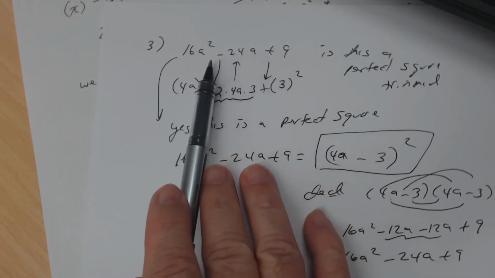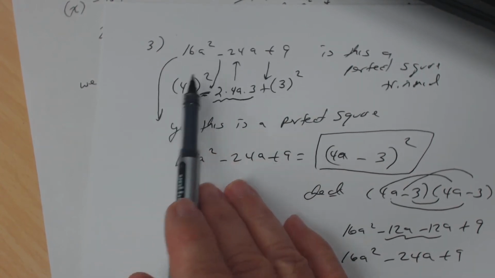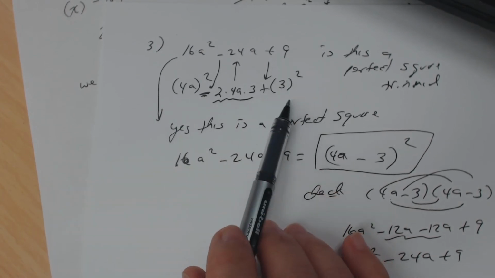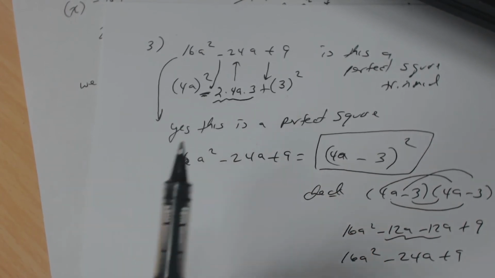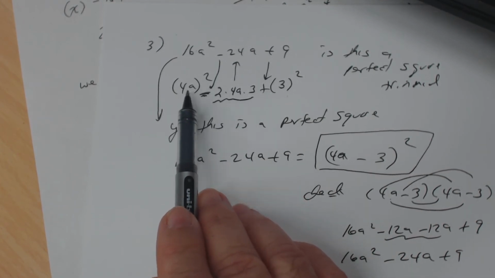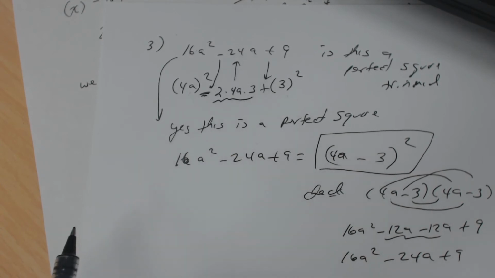So notice, always ask yourself, is this a perfect square trinomial? Check the first and the last first. First term, can I fill in the parentheses? Second term, can I fill in the parentheses? And then you've got to check the middle term. So you take a and b, multiply by 2, and see if you get this 24.